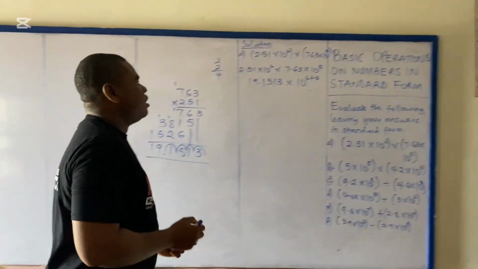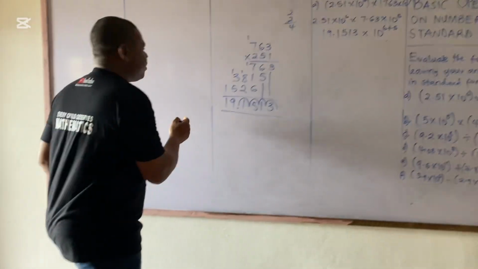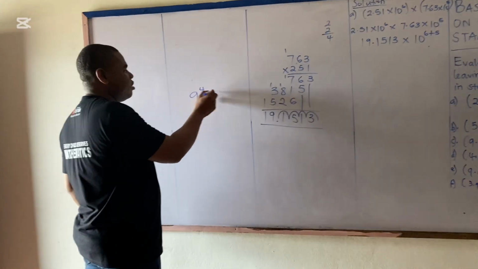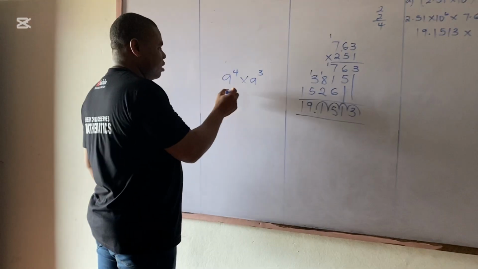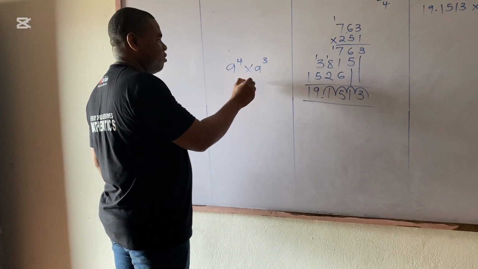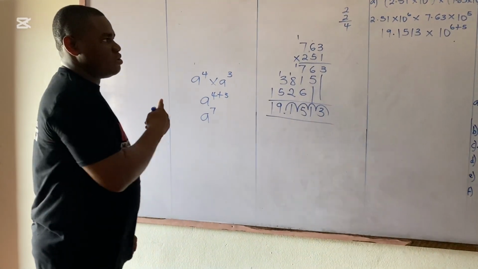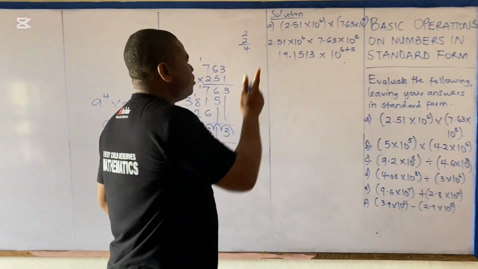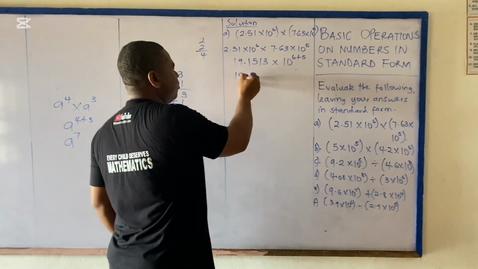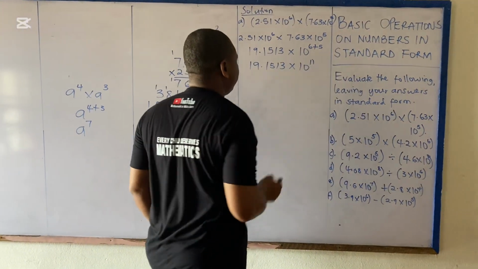Don't forget, in our last video, I showed you something like this. We have a raised to the power of 4 times a raised to the power of 3. This can also be written as a raised to the power of 4 plus 3, a raised to the power of 7. This was under indices. Alright, so in this case we have 19.1513 times 10 raised to the power of 11.